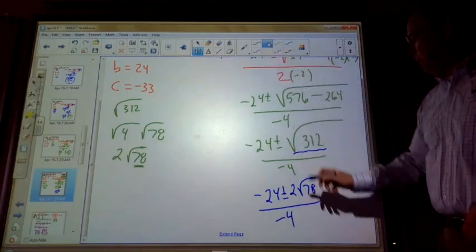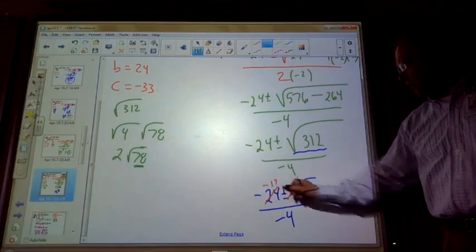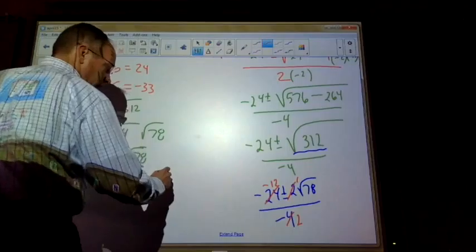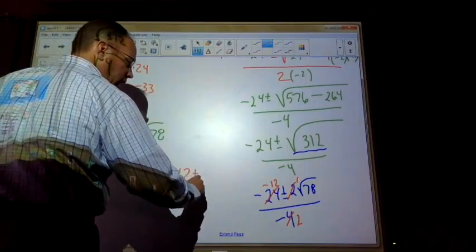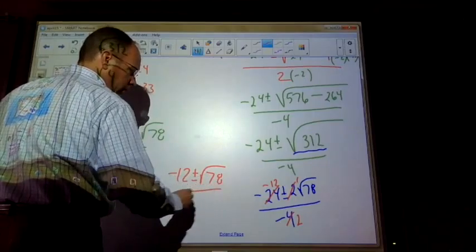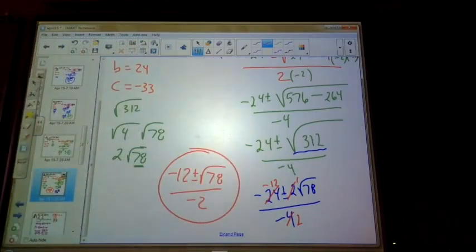So I reduce everything by 2. This becomes a 1. This becomes a negative 12. This becomes a negative 2. So my answer here is going to be negative 12 plus or minus 1 root 78, or just root 78, all over negative 2.